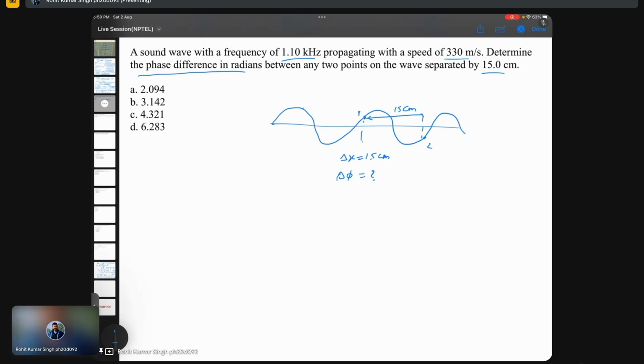How to do this? This is a basic problem from class 11th, 12th. Anyone remember?